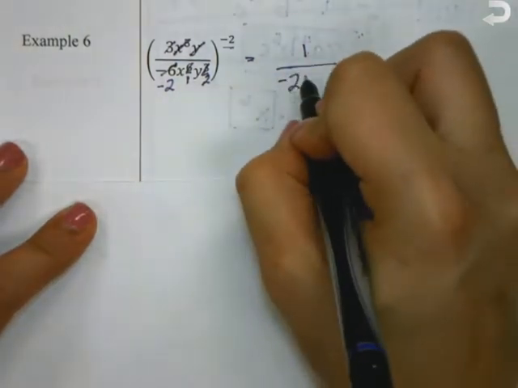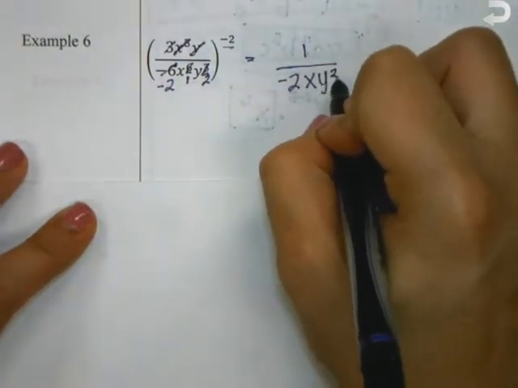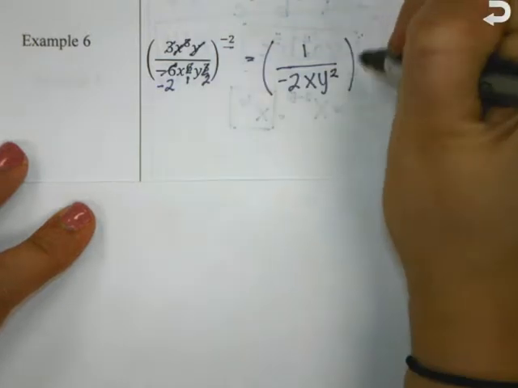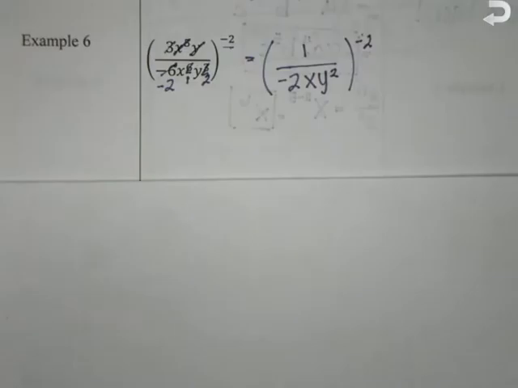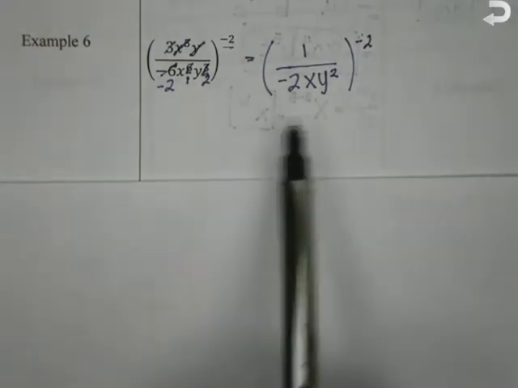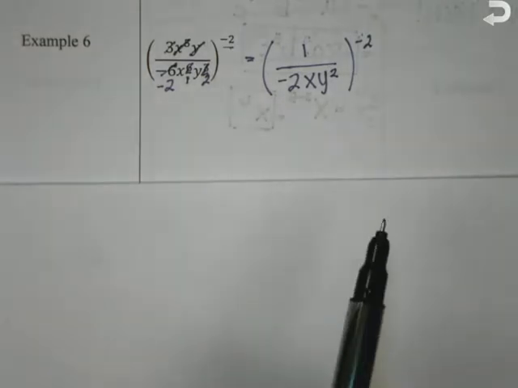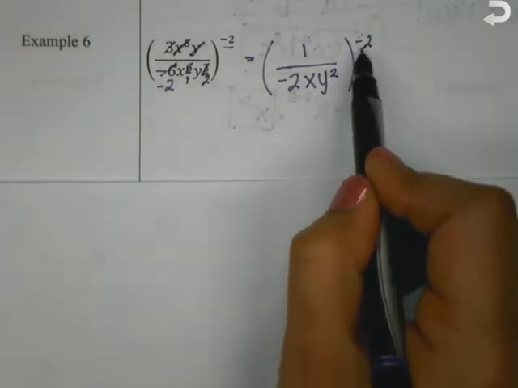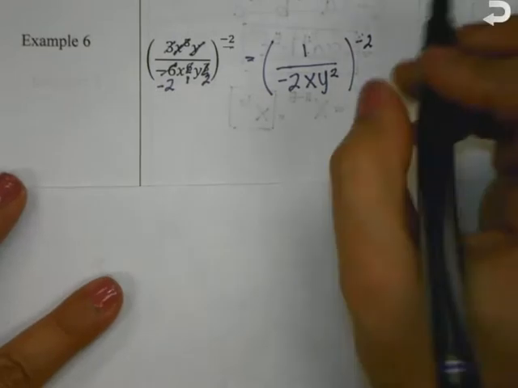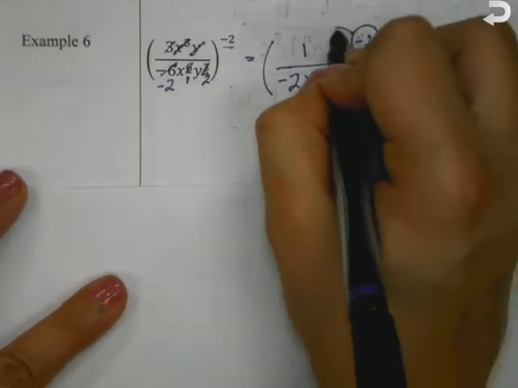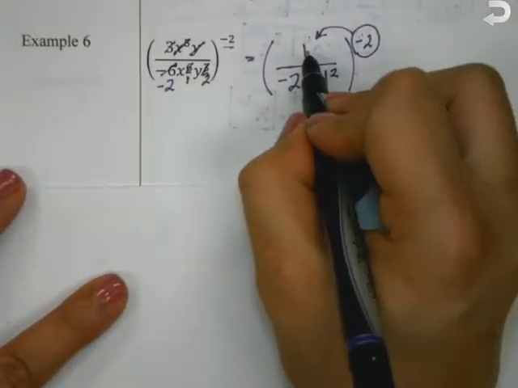So simplify everything first, and then we'll worry about the negatives. So now, what happens when I have all of this stuff to a power? We take that power and we distribute it to everything. So that 1 is not being multiplied by negative 2. It's being raised to negative 2. Okay, there's a big difference.